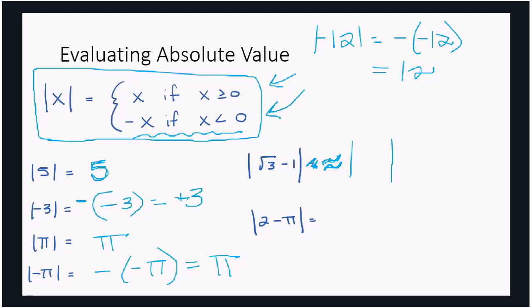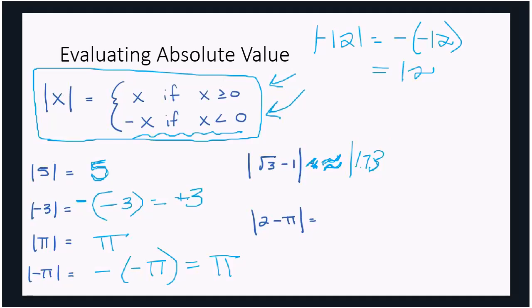So square root of 3, I'm going to put that into my calculator, and I see that the square root of 3 is equal to 1.732 and some more decimals. Because it's just an approximate value, I'm going to leave it as 1.73. I'm going to round off, and then I'm just going to move this line here.